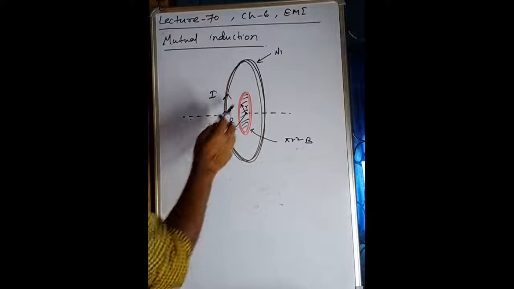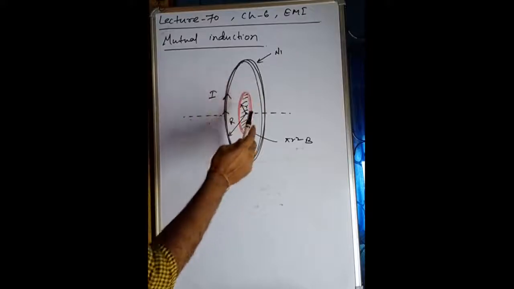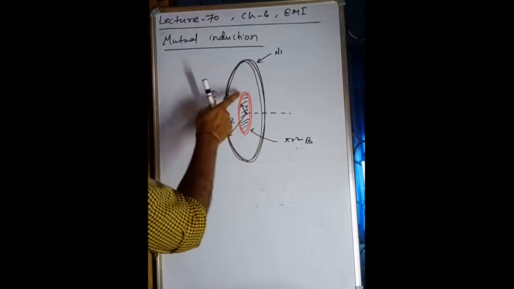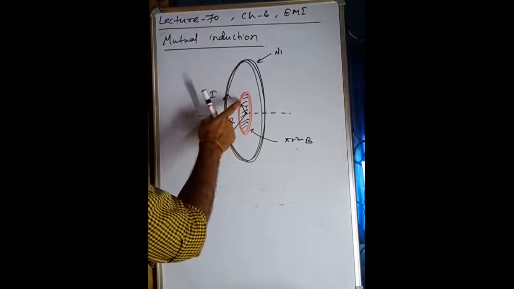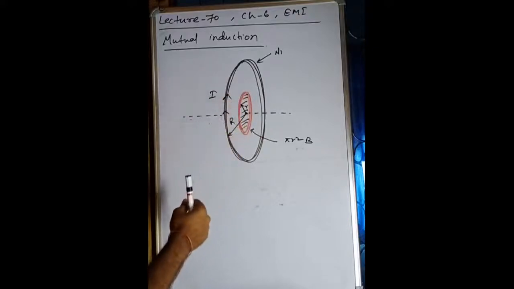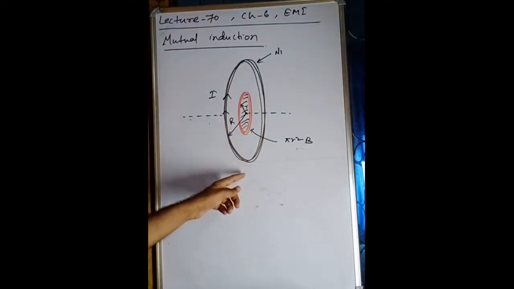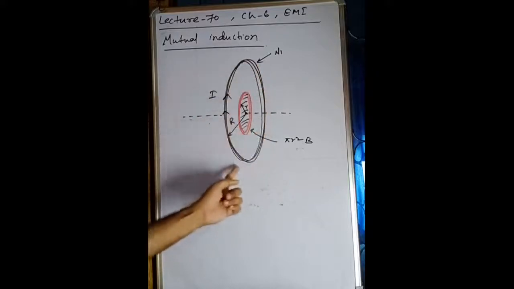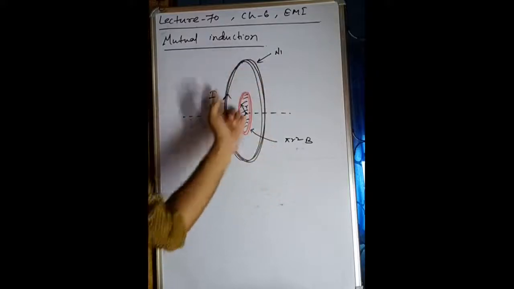Remember, not in the entire region of the bigger coil, only in the region of the smaller coil that I have represented by this hashed area. The flux will be the same as the flux linked by the small coil, because we cannot use the area of the bigger coil to find the flux linked by it.